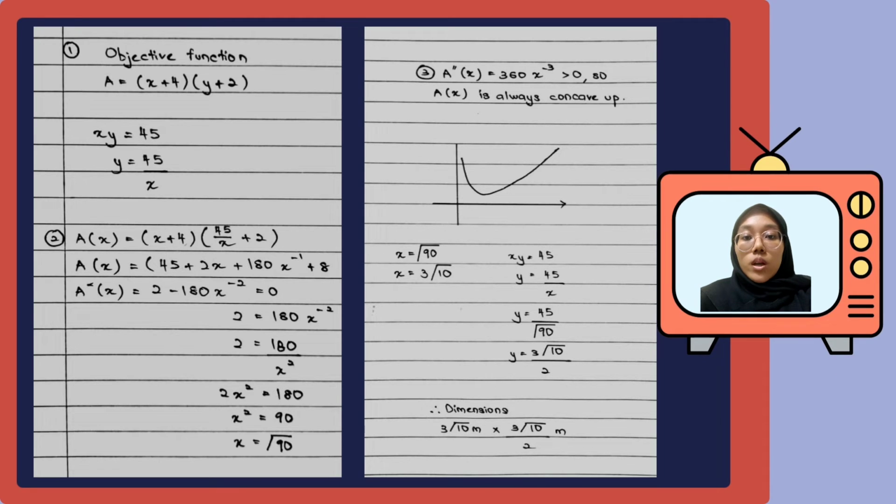So it's clear that whatever critical number we found has to be an absolute minimum. Otherwise, this would not be concave up. After that, we have the value of x equals square root 90, and the value of y equals 3 times square root of 10 over 2. The final answer is 3 times square root of 10 meters times 3 square root of 10 over 2 meters.